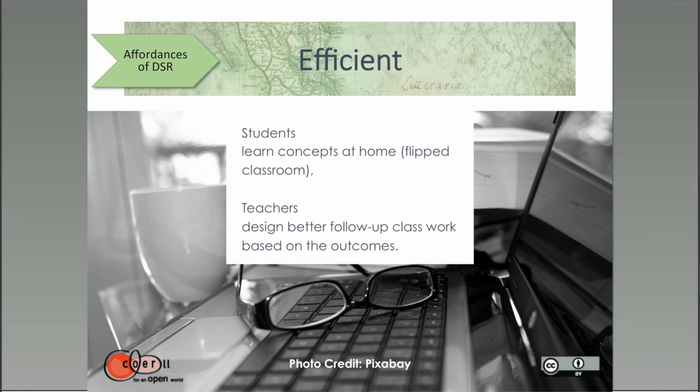Which leads to this next one, that students can learn concepts at home in a flipped classroom environment, but then teachers can better design follow-up classwork based on the outcomes. Right, so I always gave it asynchronously so that I would have time to really read through the comment thread and prepare a very tailored kind of follow-up to what they had produced.